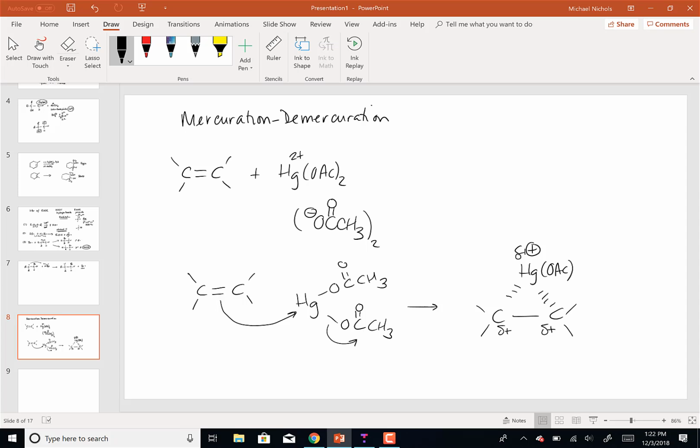So basically, for mercury, we can say it's delta positive, just like the 2 carbons are. Now, bromine doesn't have much of an affinity for a positive charge, so it pushed that charge down into the carbon. Okay, so now what I have is a triangular intermediate with, again, mercury acting very much like bromine.